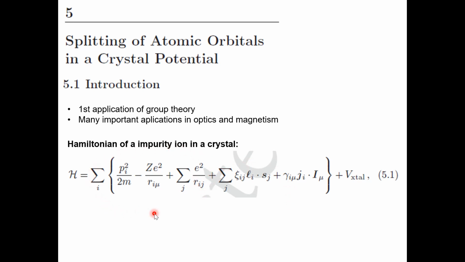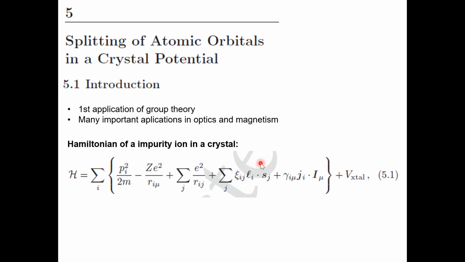The point is that these first three terms are typically larger than the spin-orbit and the hyperfine interaction, in the sense that sometimes these other terms can be treated as perturbation. So this whole Hamiltonian under brackets is the Hamiltonian of an atom, and we also add the crystal potential, V crystal, which we will also treat as a perturbation to the atomic Hamiltonian.